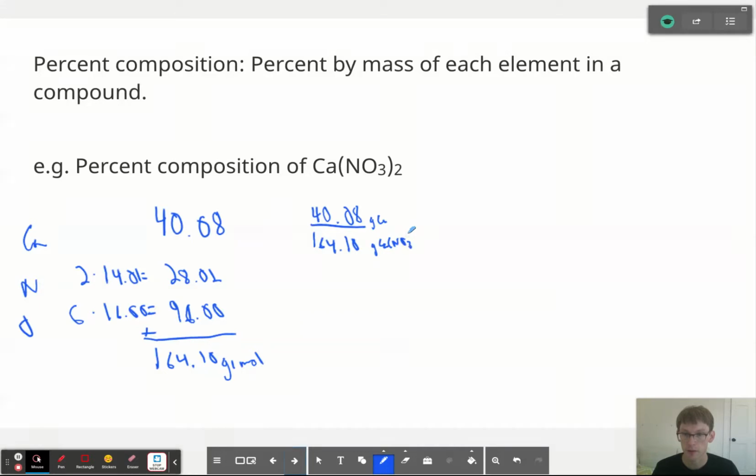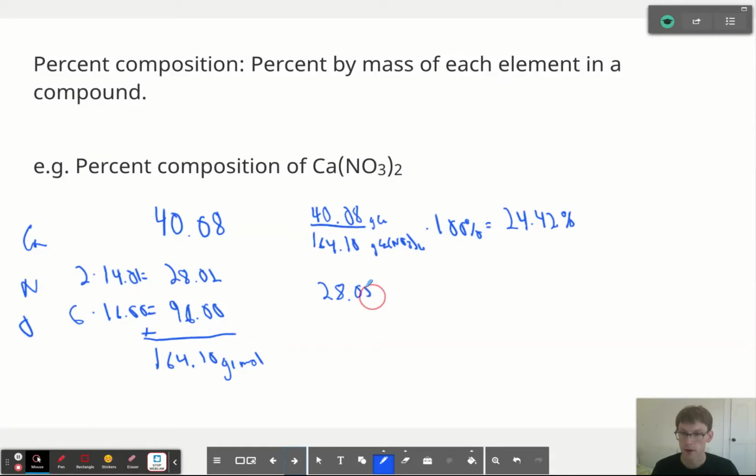That's going to be your percent. We'll have to multiply by 100% to give us a percent. But what does it come out to? 24.42%. And with sig figs, I just leave it to the hundredths place again, just 2 digits past the decimal.